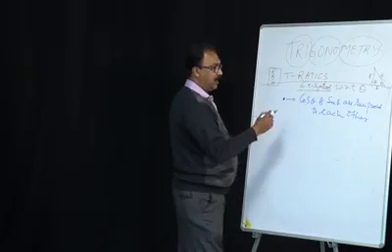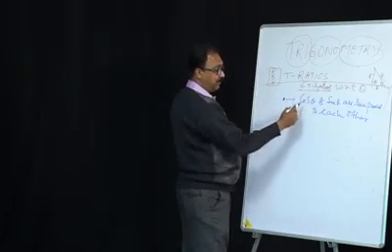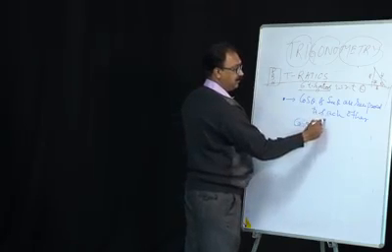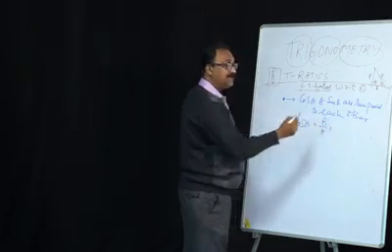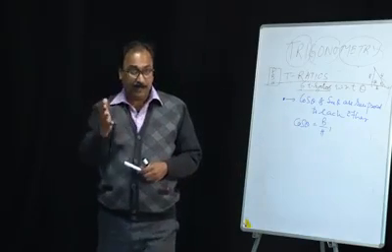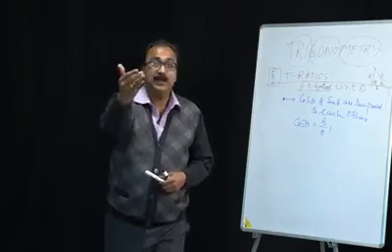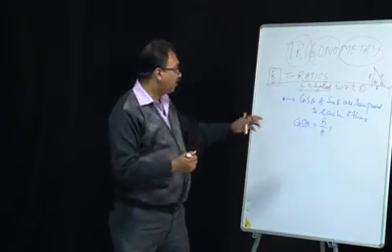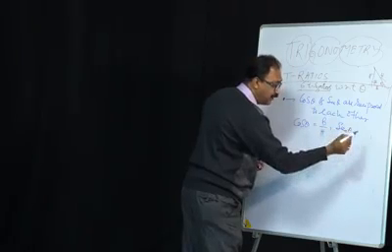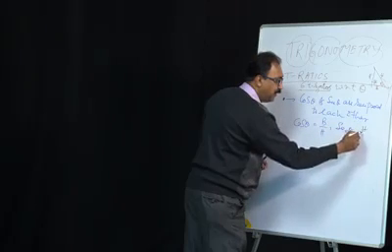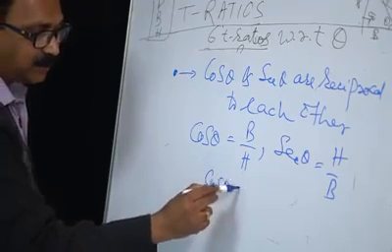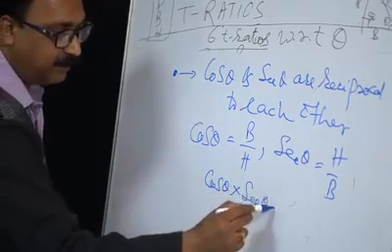Clear? Now, as you know already, cos theta is base by hypotenuse. Then what will be sec theta, tell me? As last time I told you, sin is P by H, cosec is the reciprocal, that's why it's H by P. Now cos is B by H, definitely you will get the idea. Sec theta is, yes, H by B. And if I multiply cos theta into sec theta, you will get 1.